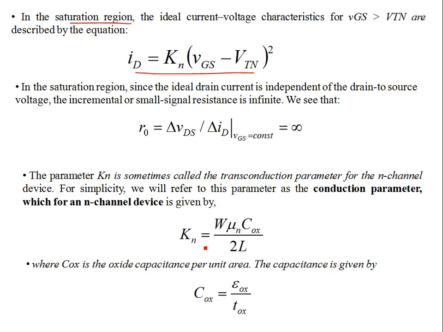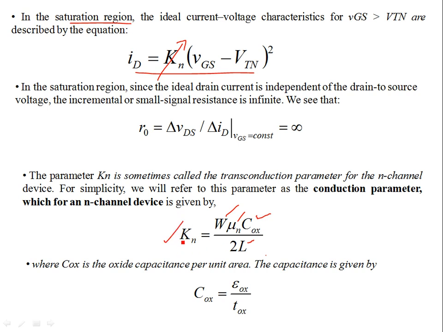If Kn is known, which is determined from the geometrical parameters, width and length of the transistor, and you know the capacitance of the oxide per unit area, given by the permittivity and the thickness of the oxide, and the mobility of the electrons if it is an NMOS MOSFET, you can find Kn.